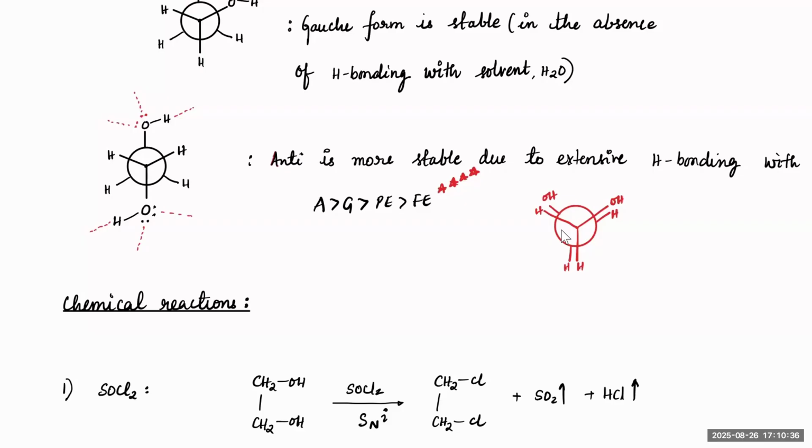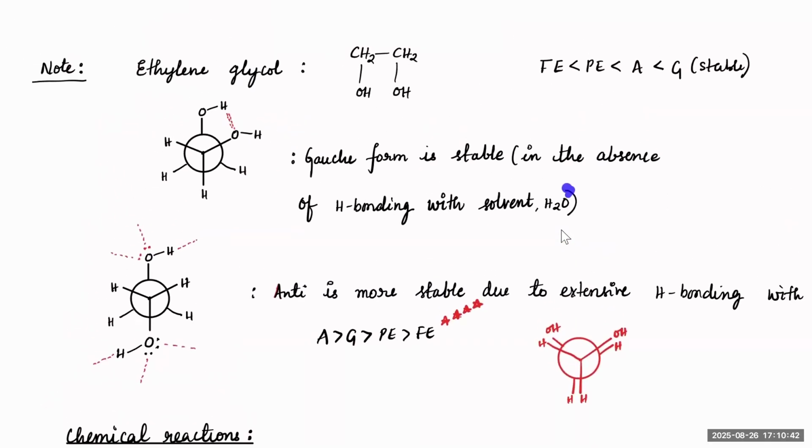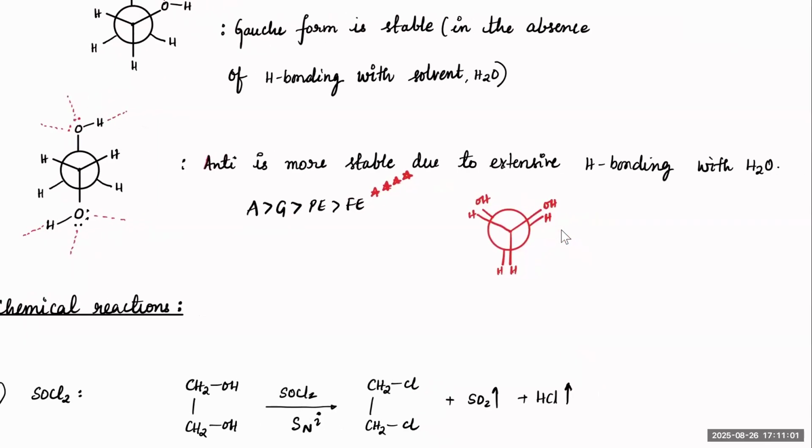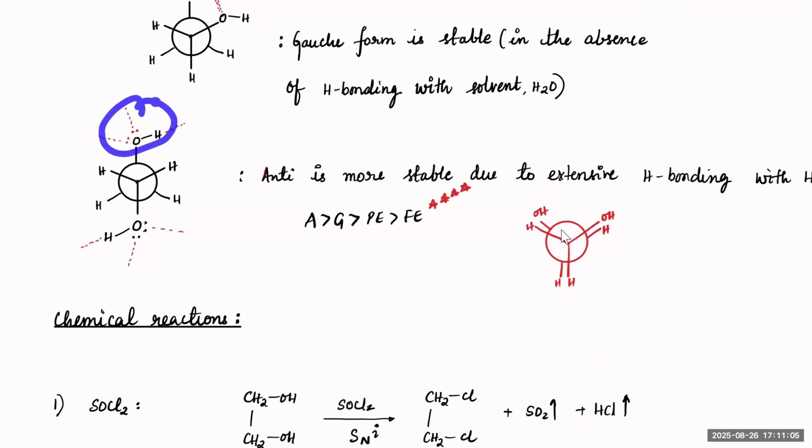So when you have partially eclipsed, fully eclipsed, gauche form and anti form, without adding it to water, if you take a pure form of ethylene glycol, then gauche is more stable because in gauche hydrogen bonding is observed. Then anti, then partially eclipsed, then fully eclipsed. But if you take this glycol in water, the water itself will help in hydrogen bonding.